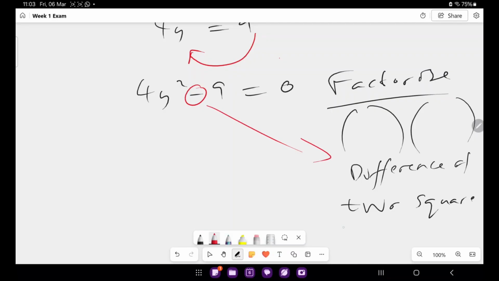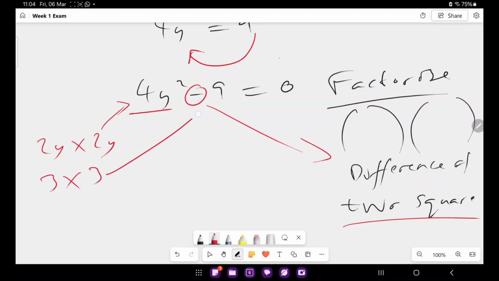We have to have also two squares. So we check if 4y squared is a square. How do I get 4y squared? I'll say 2y times 2y, then I can get 4y squared. Then what about 9? How do I get 9? I get 9 from saying 3 times 3.